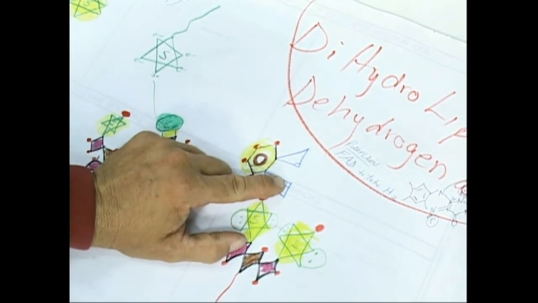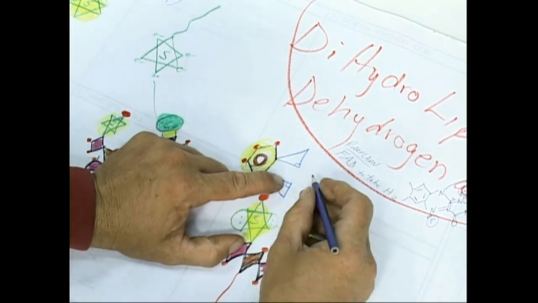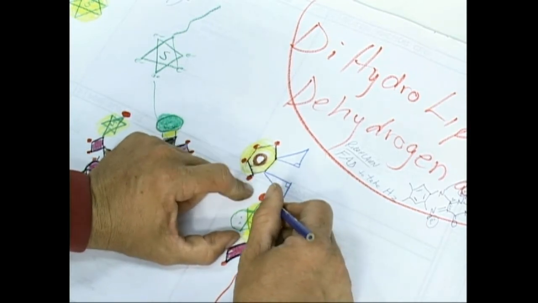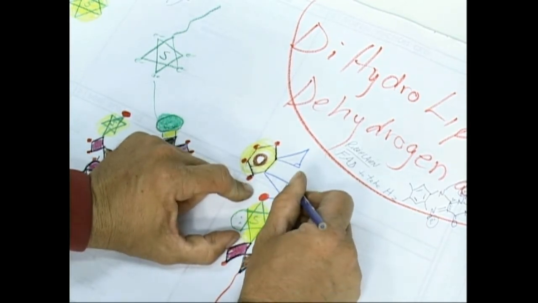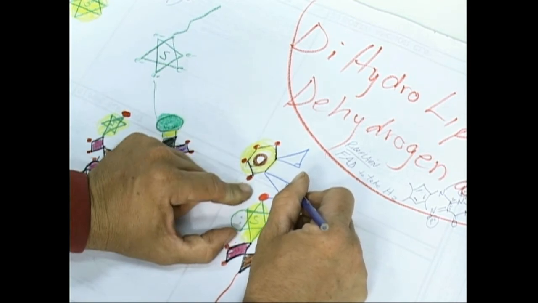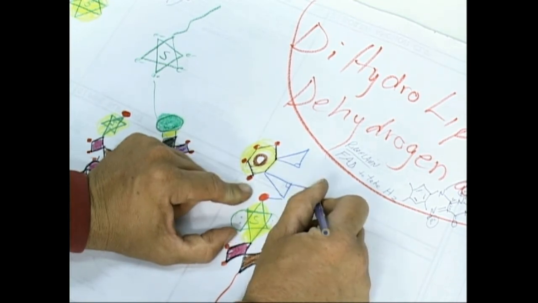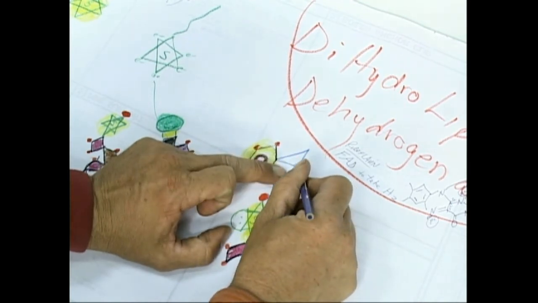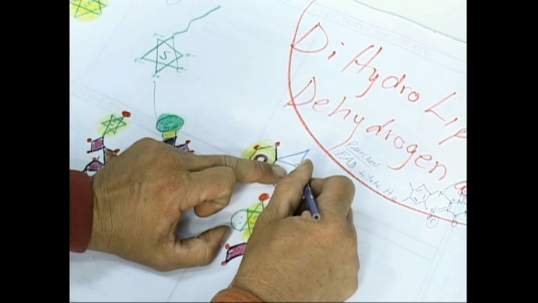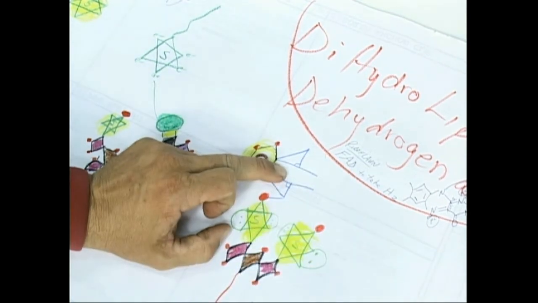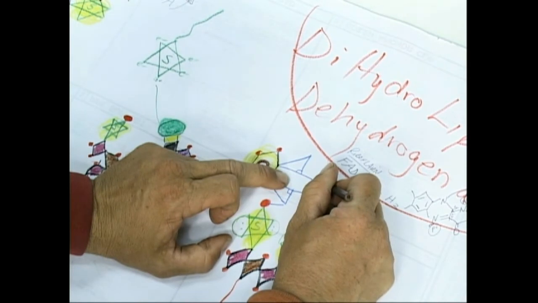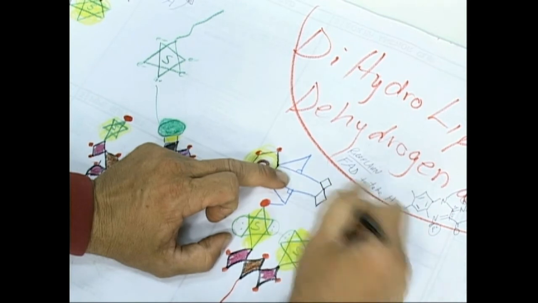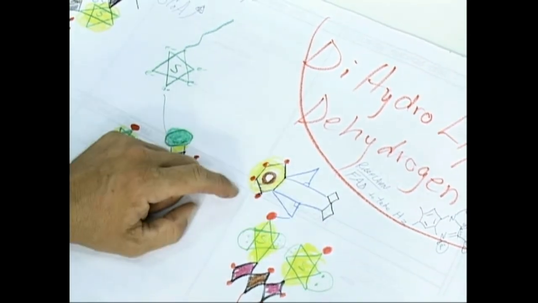Now this N is going to go double bonded to a carbon. But what we're going to do is we're going to take this H and bring it to there. So that's going to make a single bond to a carbon. That N is still a single bond to a carbon. So make these two carbons there.